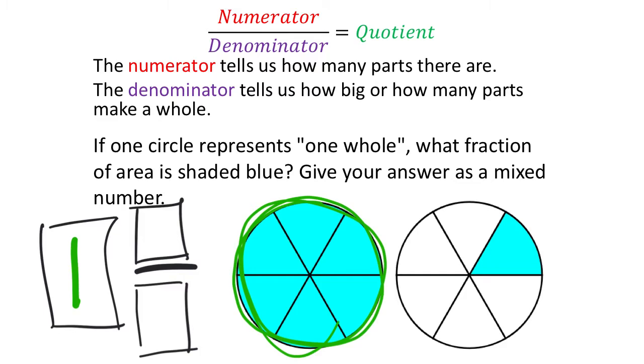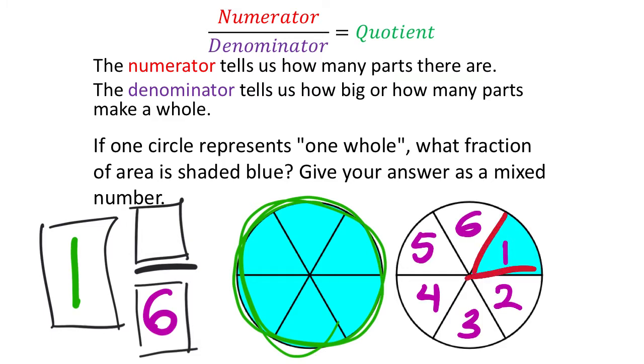I guess on that last example, I started with the numerator, so I'm going to start with the denominator on this one. And sure enough, we got 1, 2, 3, 4, 5, 6 pieces make up that whole circle. So that would be my denominator right there. Now for the numerator, well, that's just counting how many pieces are shaded.